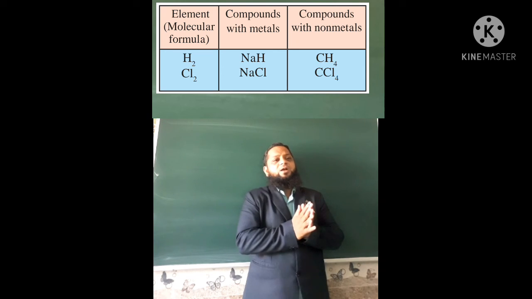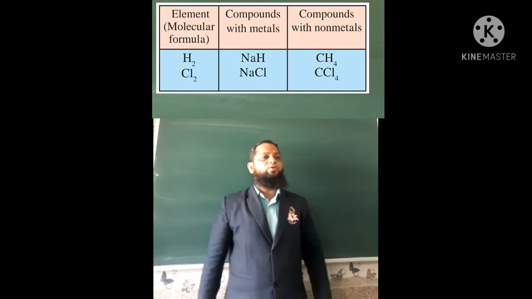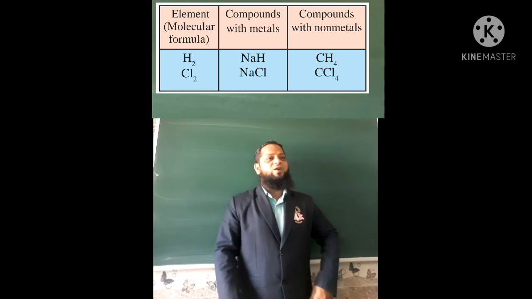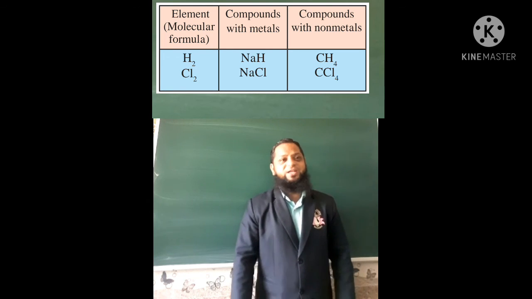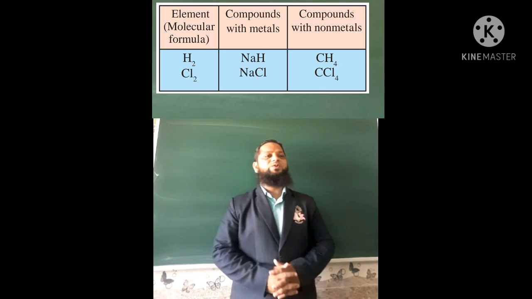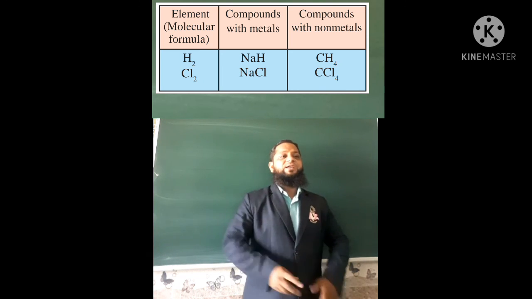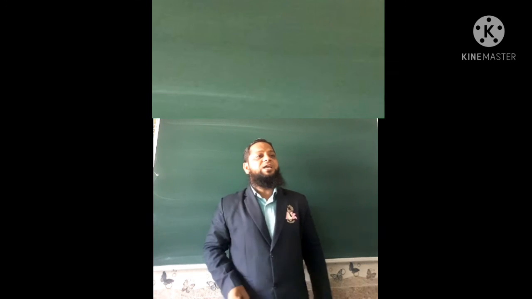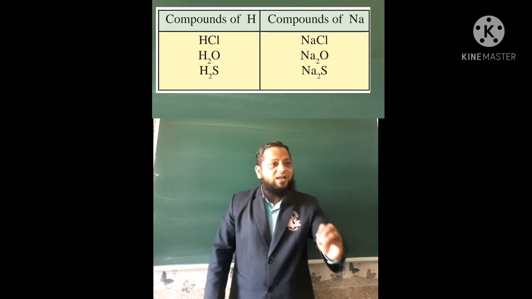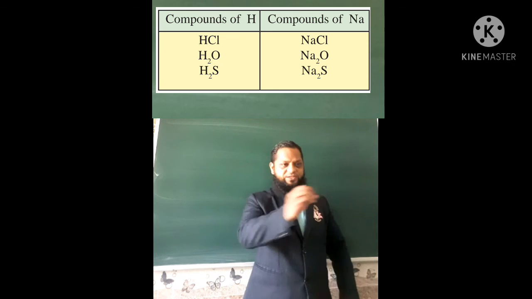For example, the molecular formula of hydrogen is H2, while the molecular formulas of fluorine and chlorine are F2 and Cl2 respectively. In the same way, there is a similarity in the chemical properties of hydrogen and alkali metals, group 1.